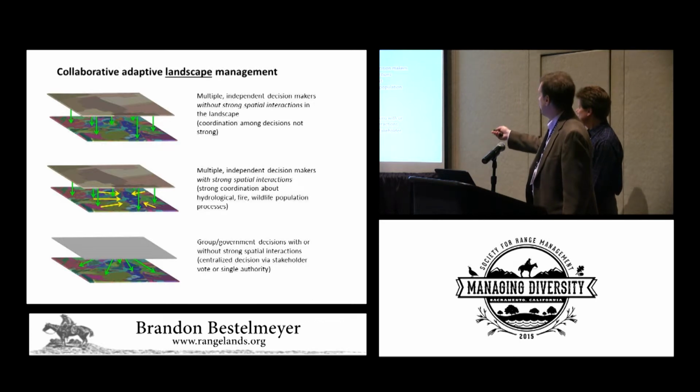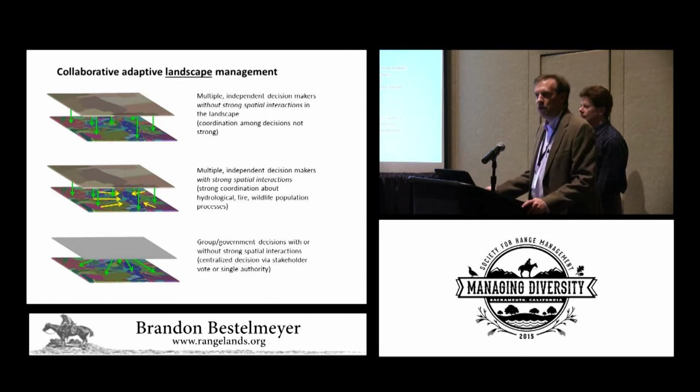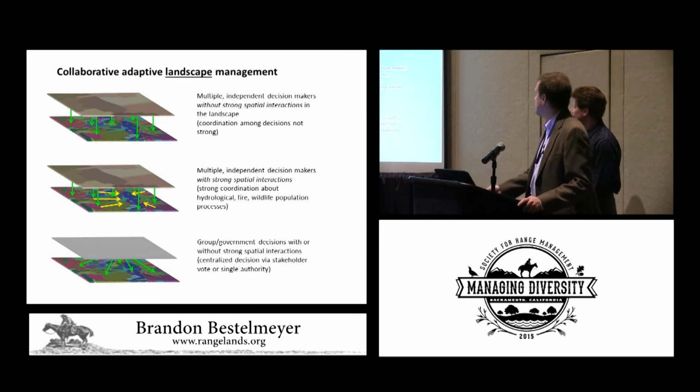We might have sort of multiple decision makers represented by those polygons impacting these soil bodies or ecological units in the landscape. There may not be very much coordination among those. There may be some shared understanding. This process may occur with really strong spatial interactions like fire, where there has to be pretty strong coordination among those independent decision-making units.